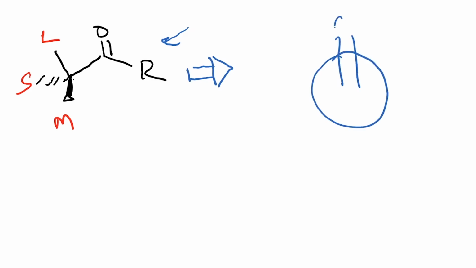C double bond O, R, and exactly the way you draw it, the large group is always going to be on top. And now if I'm looking at it from here, the small group is going to be on the right and the medium group is going to be on my left. Okay, so this is how I would draw this.